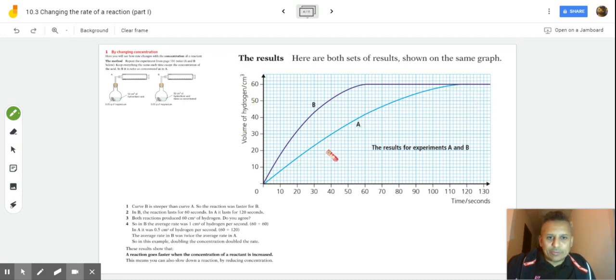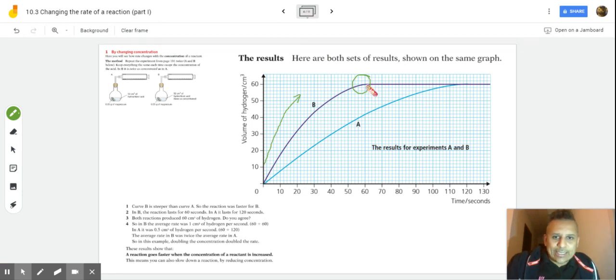Now, in experiment B, because there were twice as many acid particles, the chances of successful collisions between the acid and the magnesium were much greater. So it looks as if the magnesium was being used up at a much faster rate, okay? And it was only right up until 60 seconds in this reaction that we had hydrogen being produced, okay?